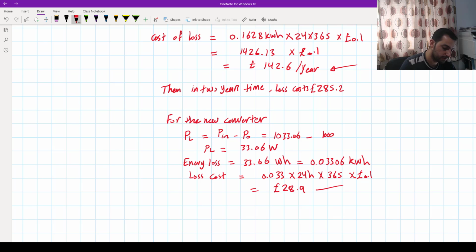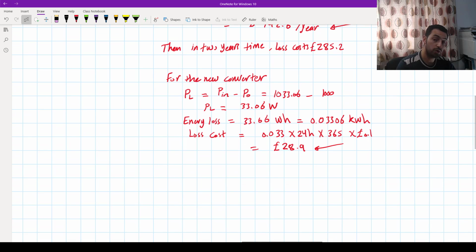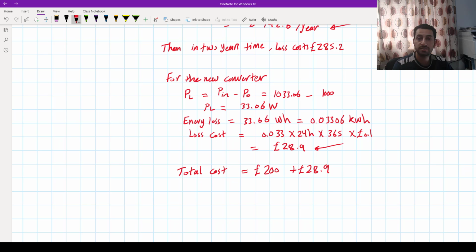Okay, so if they want to pay for our converter, how much they will pay. So let's now see the total cost for them equals the £200 cost of the new converter plus 28.9 pound for the first year losses.